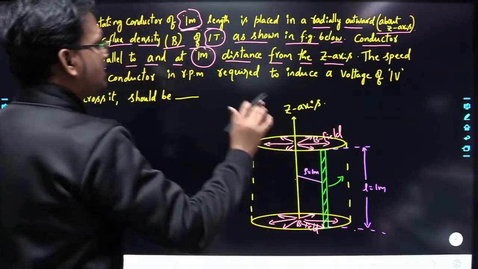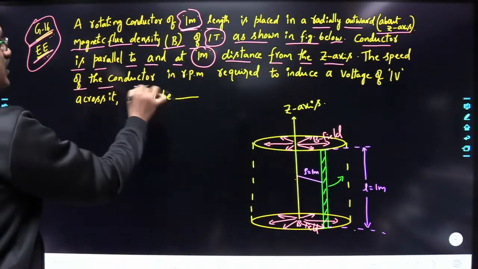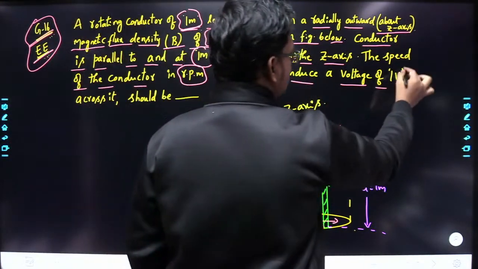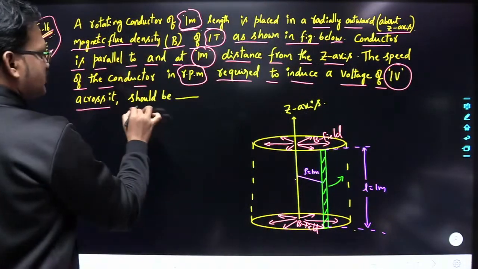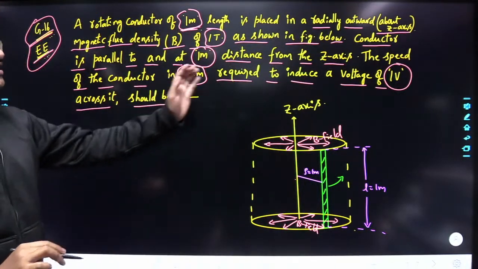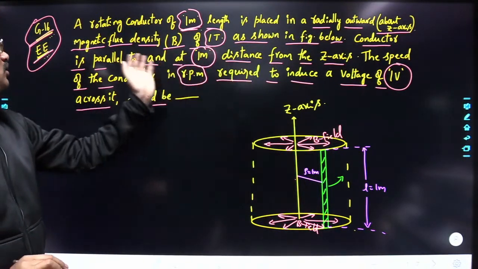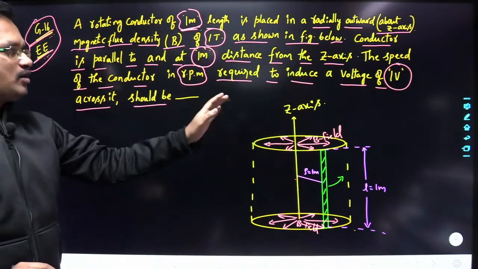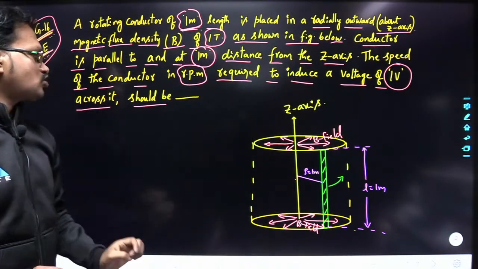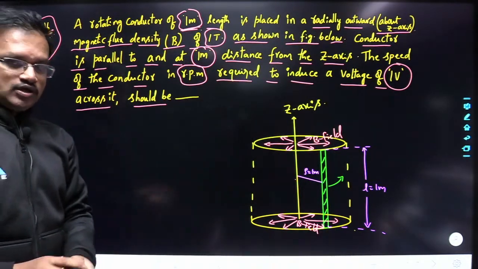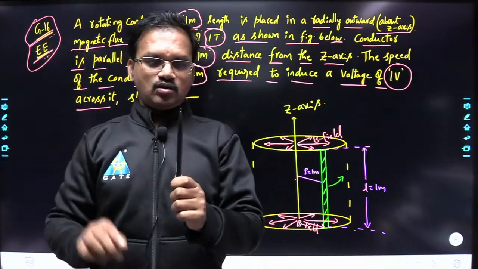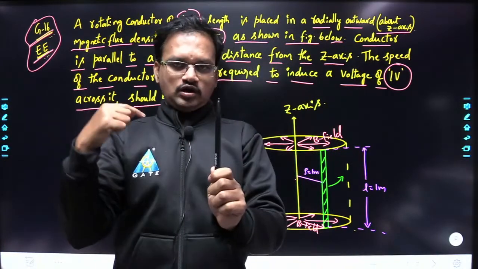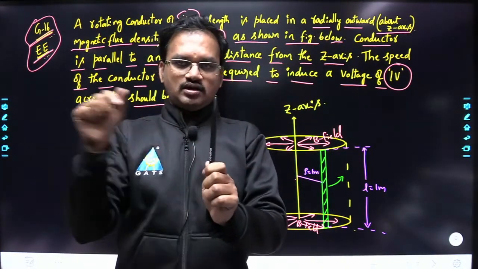The speed of the conductor in RPM required to induce a voltage of 1 volt across it should be? So this is the z-axis here, and the B field is radially outward, that means the B field is in the rho direction.